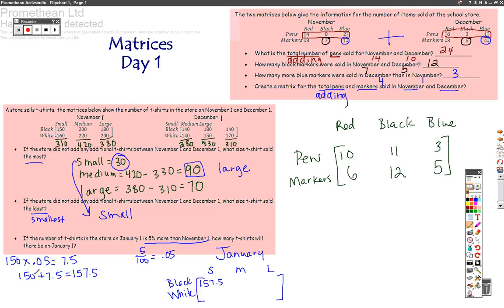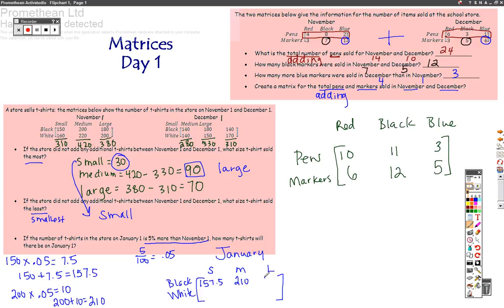Then I go to the next one, the 200. So 200 times 0.05 equals 10, and 200 plus 10 equals 210. So 210 goes right there. And I would continue to multiply by 0.05, get an answer, and then add it to the original.